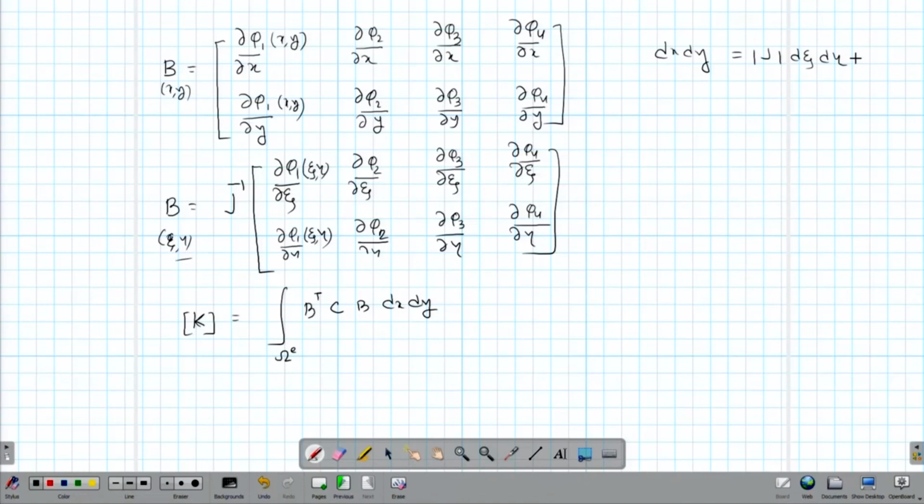Then we can write this integration of B transpose as a function of xi eta, then C, B as a function of xi eta, and the determinant of Jacobian, d xi d eta. Okay. So, this will give us our coefficient matrix.